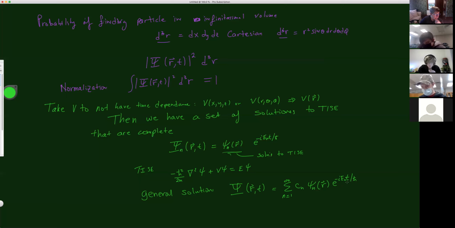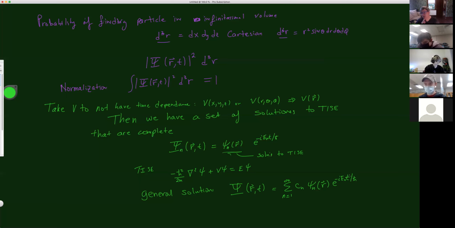Typically, we might deal with two or three potentials that are not just functions of the distance from the origin.